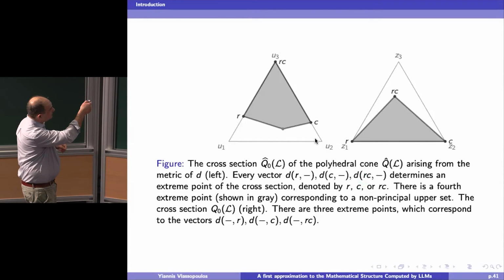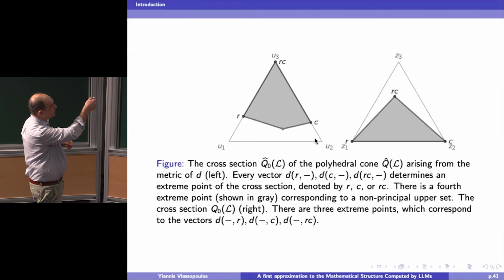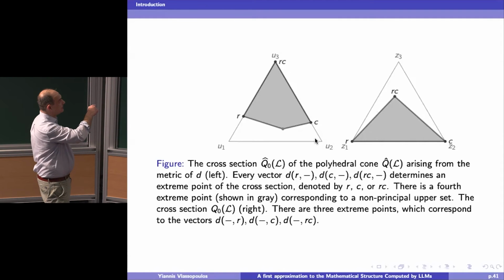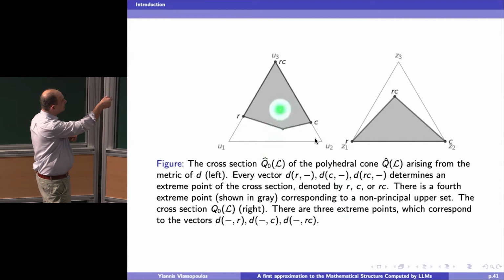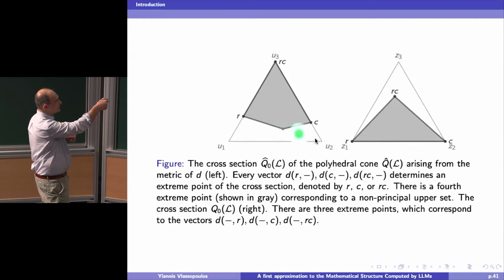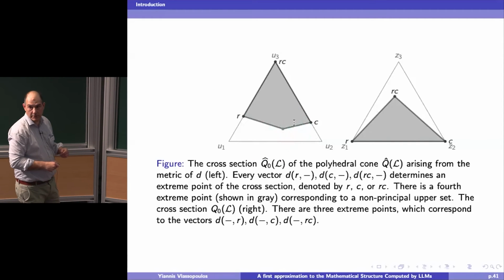There are 3 principal ones. One is generated by red: the upper set generated by red just contains R and RC. Then the one generated by C, the one generated by RC, and this one here is the one generated by R comma C. This is the lower set generated by 2 different texts. It's not a principal one.